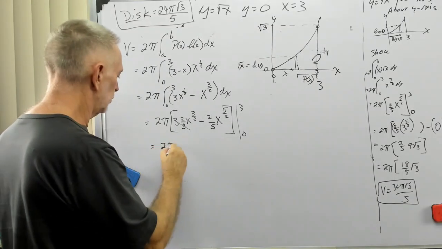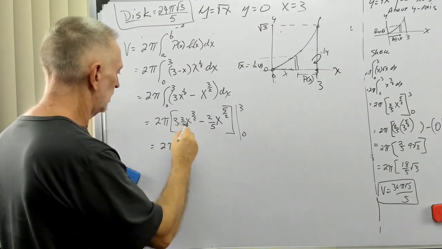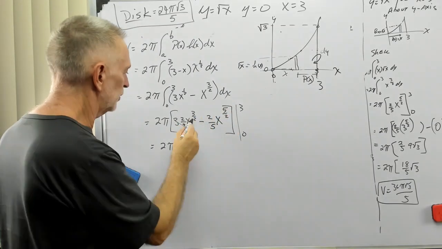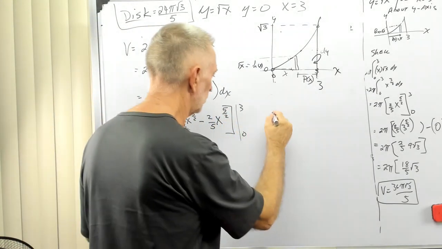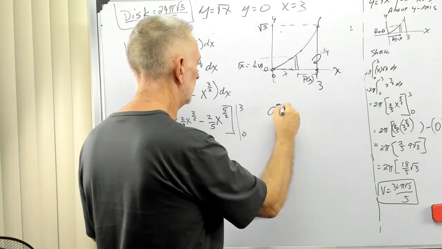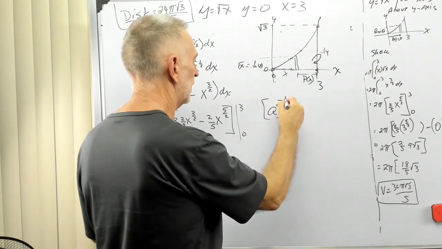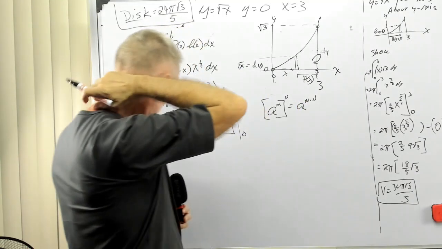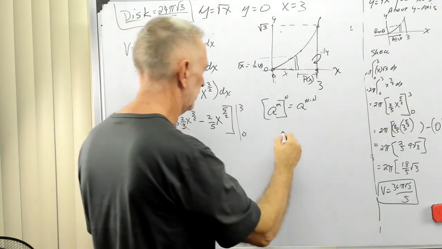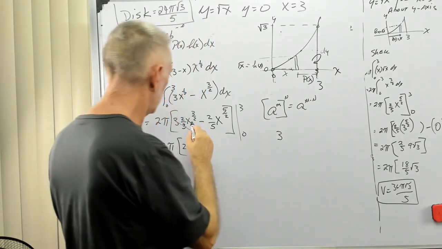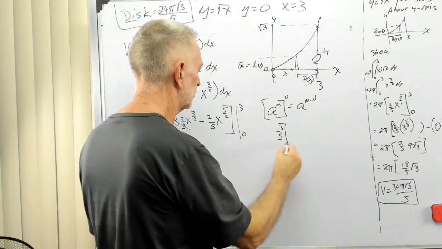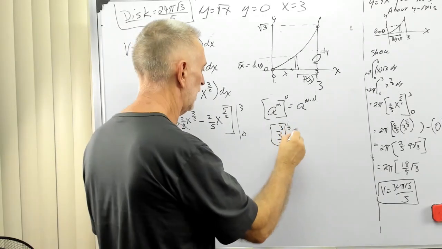So that equals 2 pi, 2 times 3 cubed and then the square root. Now you know the rule here. A to the m raised to the n is a to the m times n. So we have that situation here. I have 3 cubed, but it's to the 1/2 power.